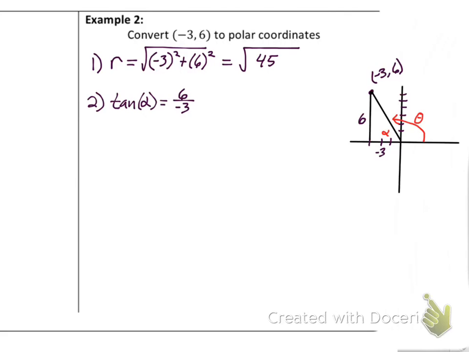Well, I don't care what tangent alpha equals. I want to know what alpha equals. So we're going to go alpha equals tan inverse of that negative 6 divided by 3, which is just going to be negative 2.